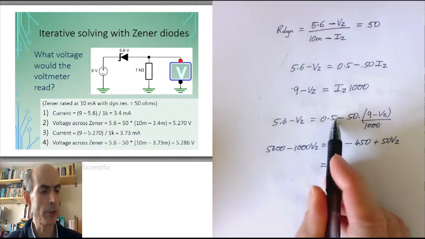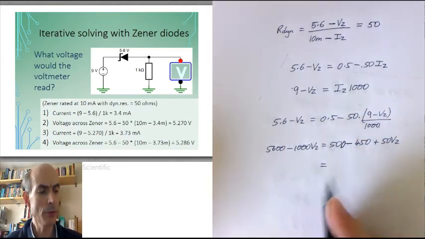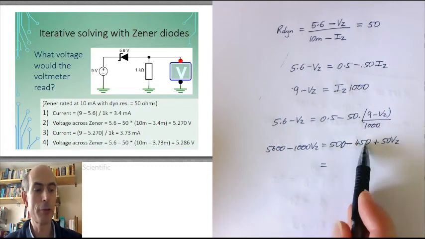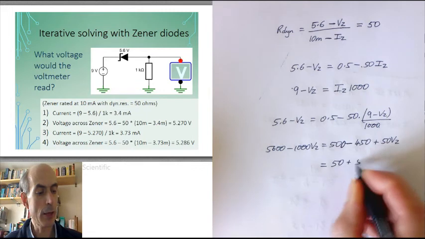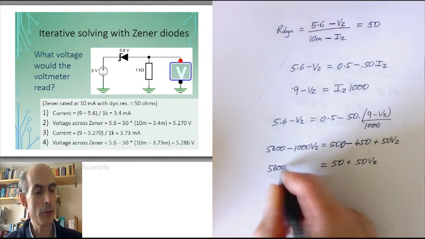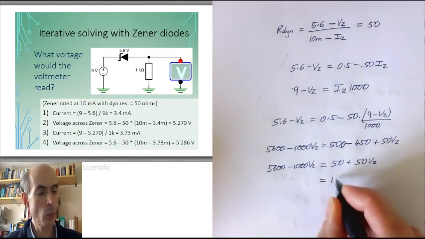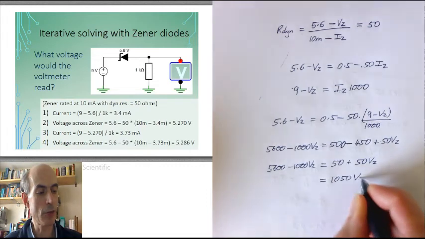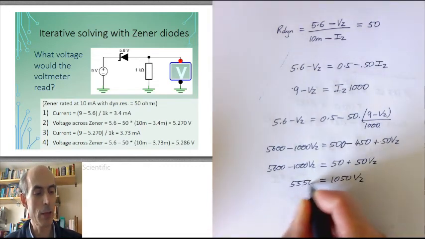Ooh, that's not 50, is it? 0.5 times 1,000 is 500. Right, 500 minus 450 is just 50, plus 50Vz, equals 5,600 minus 1,000 times Vz. So that would give me 1,050 Vz on this side and 5,550 on this side.